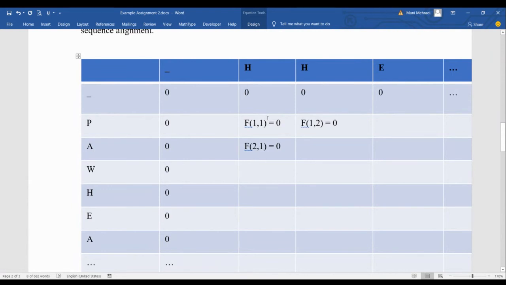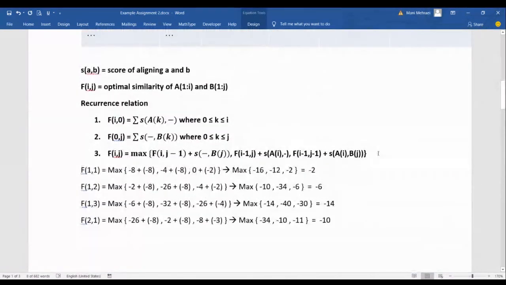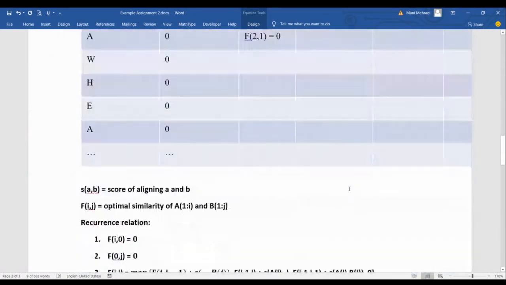And what's the difference between local sequence alignment and the global one? The thing is that the formula should also include 0 as a fourth component. It means that if the final answer is negative, then you consider 0 instead.